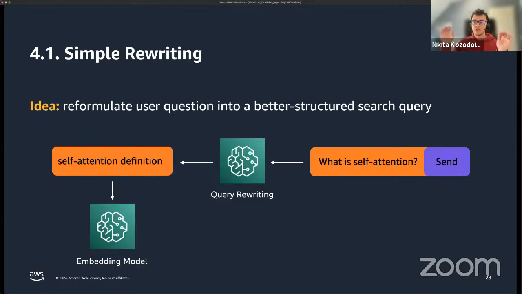So given a user question, I can ask a language model to rewrite it. And let's say the language model would rewrite this question into self-attention definition, which is a clear and concise query. And then we embed not the original user question, but this particular query produced by the language model before we do the search in the embedding space.